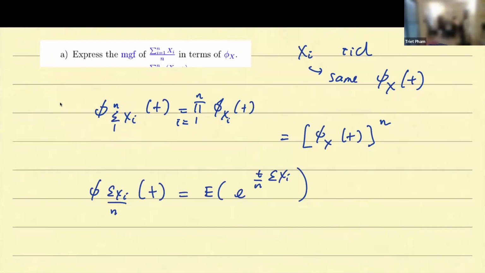Because n is a scalar, you can put it in the same location as the t. If you look at it as a scalar, then it's really the moment generating function of the sum evaluated at t over n. Do you understand? So basically, this is M sub X at t over n, everything raised to the n power.